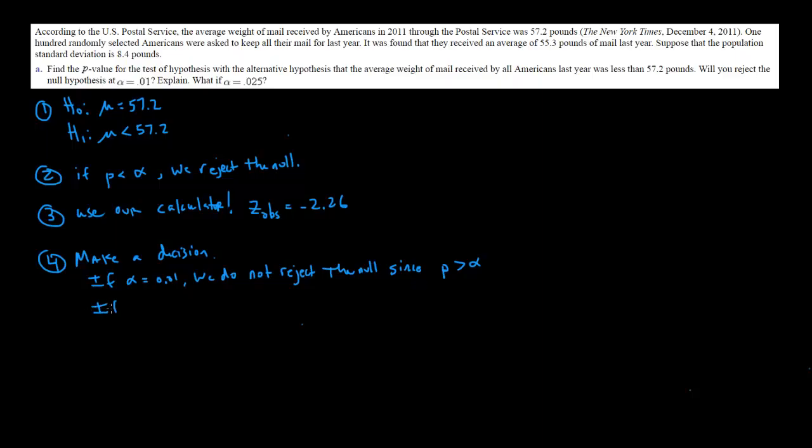But if alpha was 0.025, we do reject the null, since P was less than alpha.